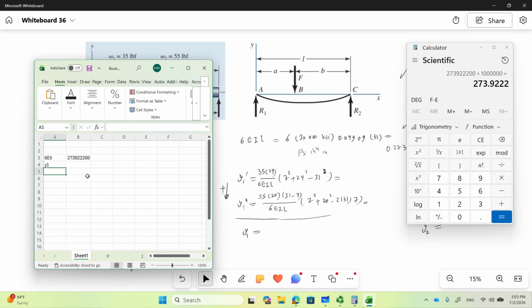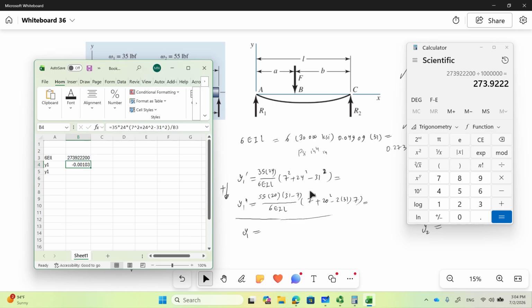Alright, so y1 is calculated from y1 prime and y1 double prime. Let's do them here. The first one: 35 times 24 times 7 squared plus 24 squared minus 31 squared, divided by this guy.